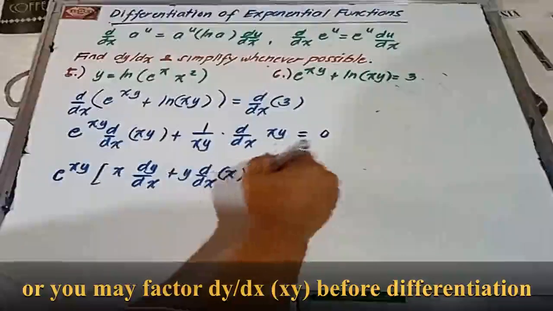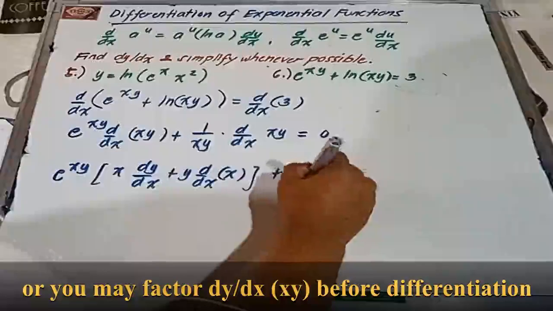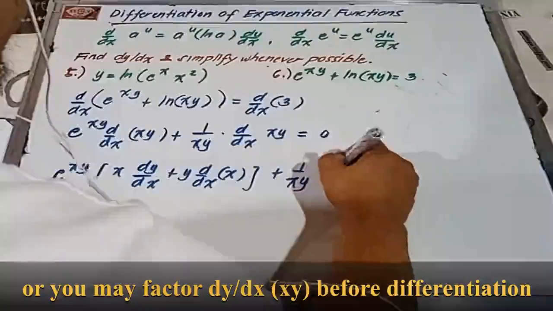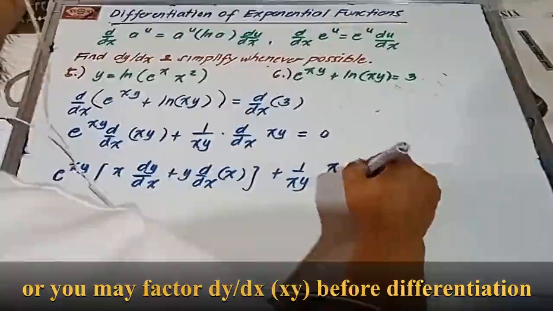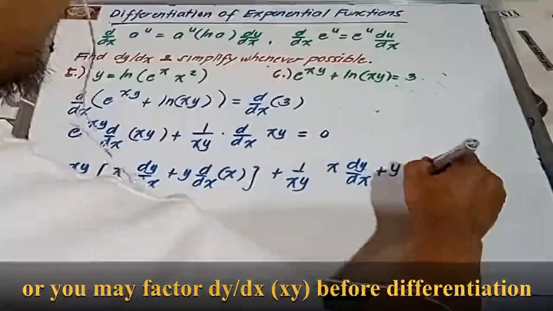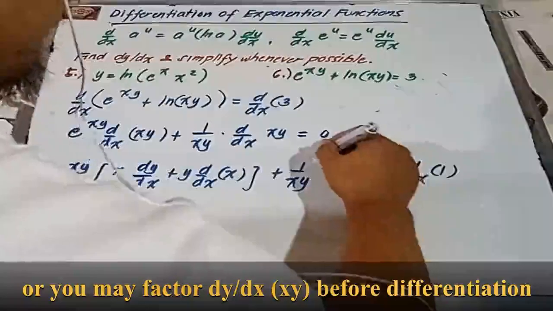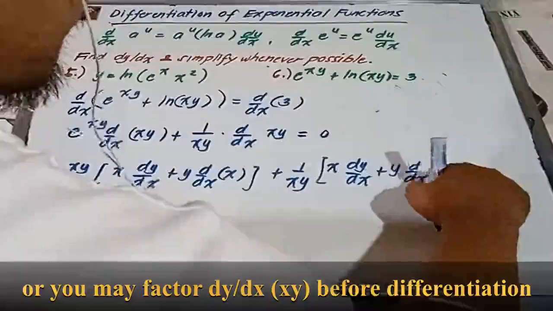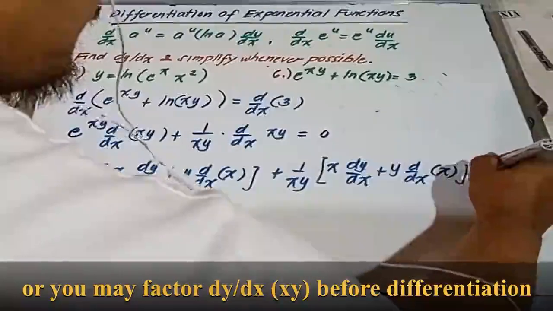Okay? Plus 1 over xy times x derivative ni y plus y derivative ni x. Okay, ilagay natin to. Equal to 0.